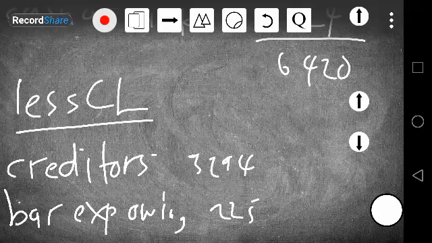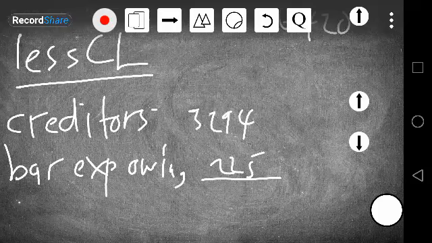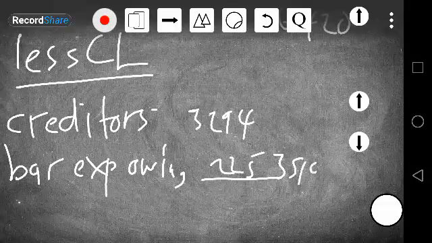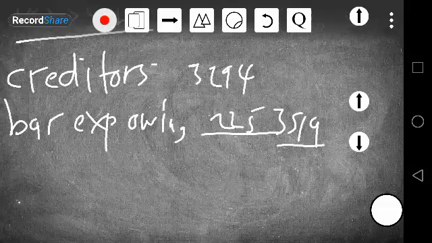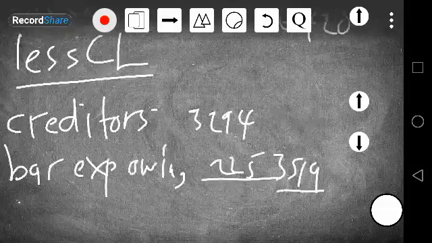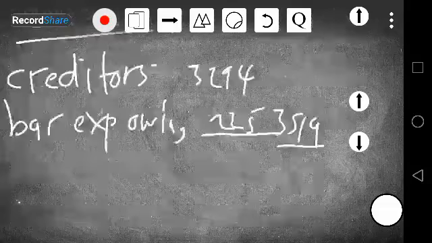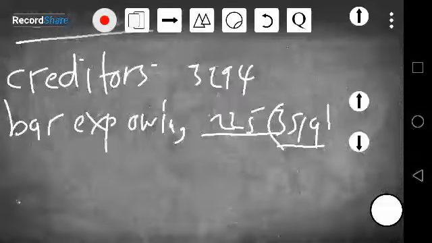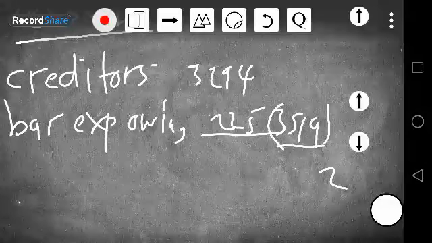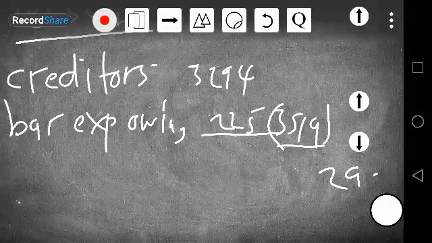If we add them, we get 3,519, and if we less from 6,420, we get 2,901. So these are the net assets.